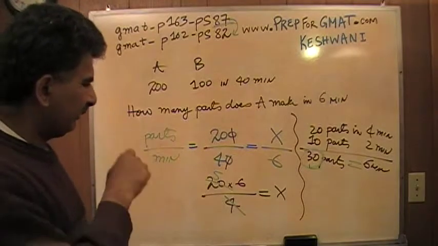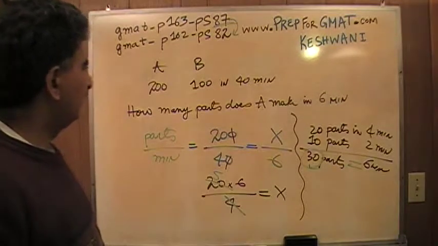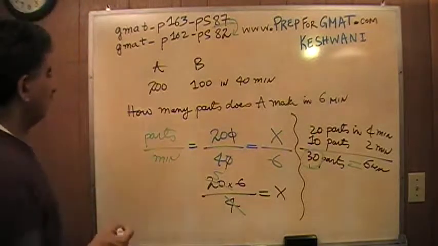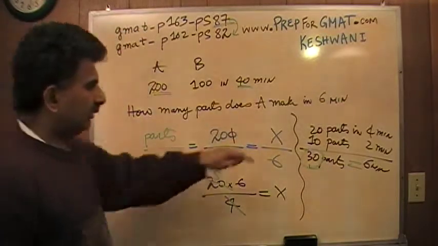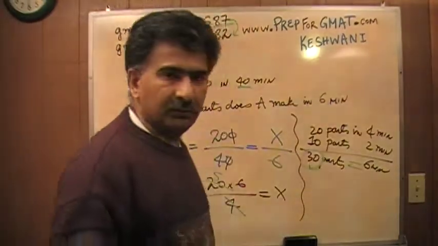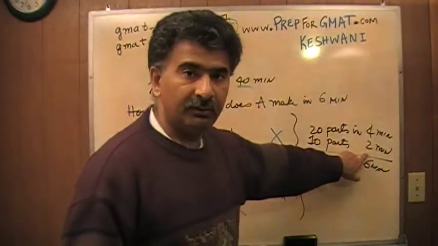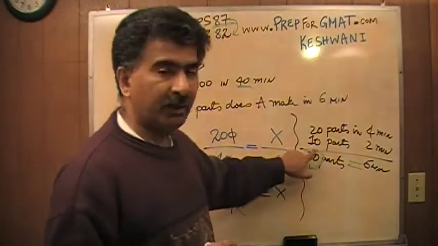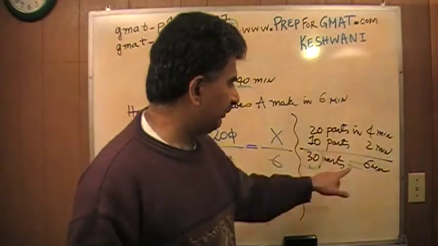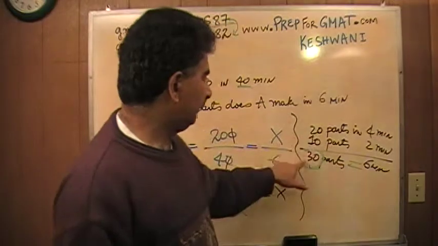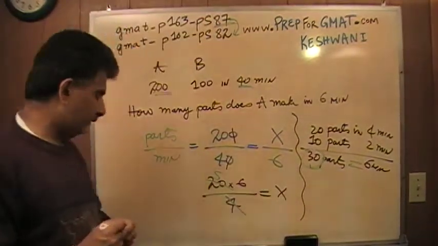You can do it the classical way by cross multiplication, or just simple logical thinking, which is if it makes 200 parts in 40 minutes, it has to make 20 parts in 4 minutes, which tells me that in 2 minutes it will make 10 parts, half as many. So therefore, since we are asked to find how many parts it makes in 6 minutes, it will make 30 parts. That's all.